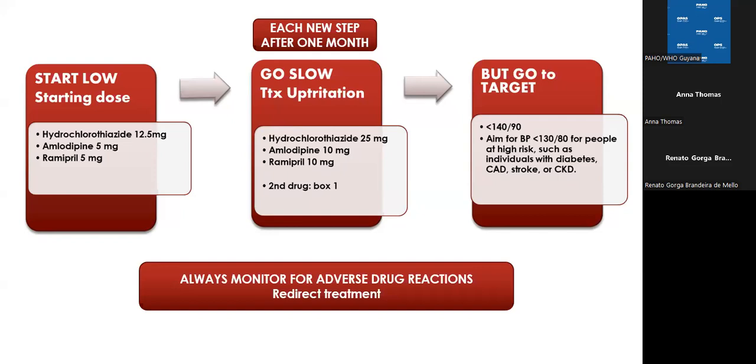So, treatment tips for treating hypertension in older patients. The starting dose should be the lowest possible dose.